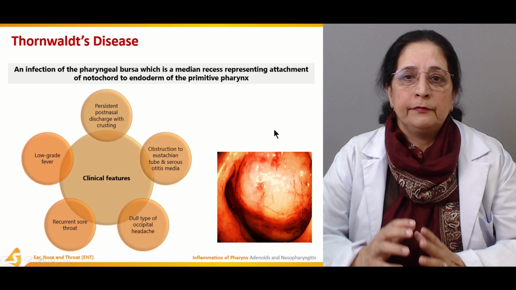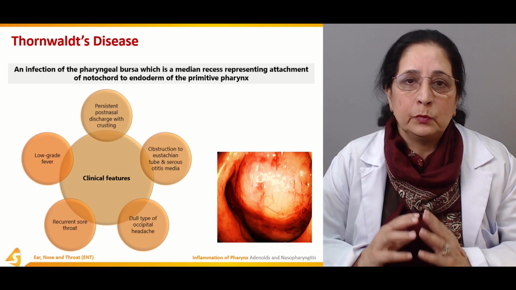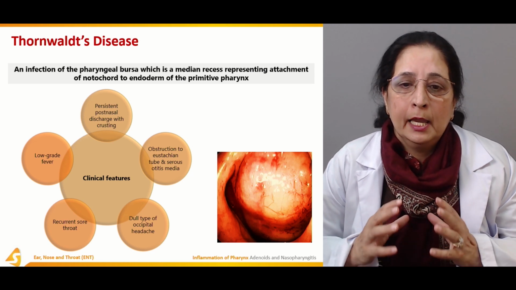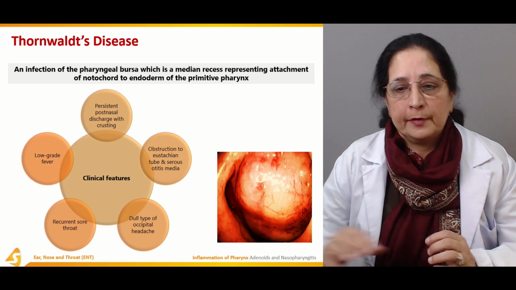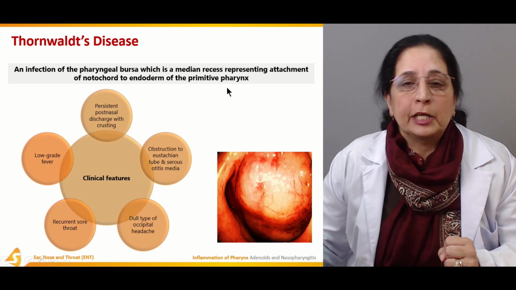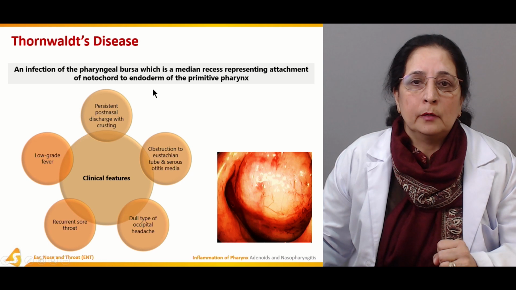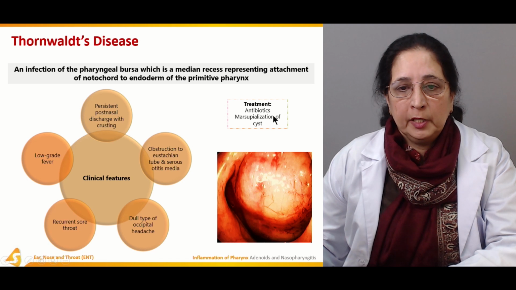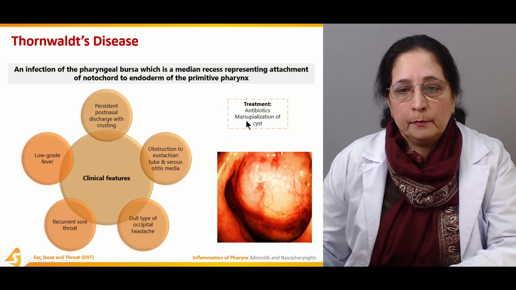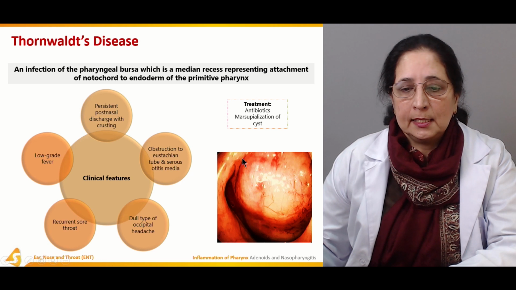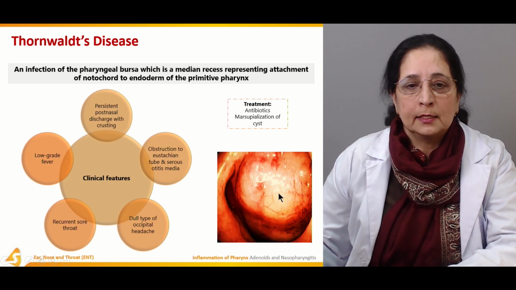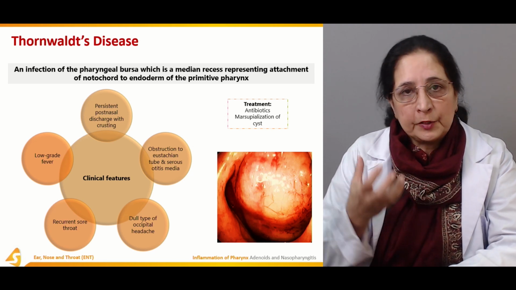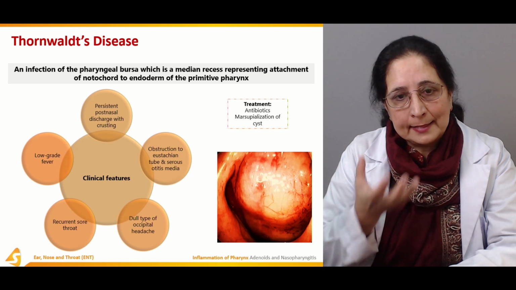All these are features of Thornwaldt's disease. Treatment is by antibiotics and marsupialization of the cyst. You can see there is a big cyst, and it's the infection of that pharyngeal bursa. Bursae are fluid-filled sacs.